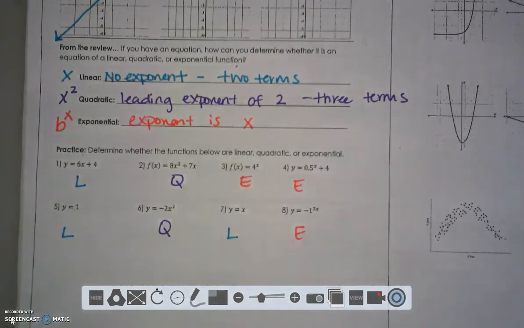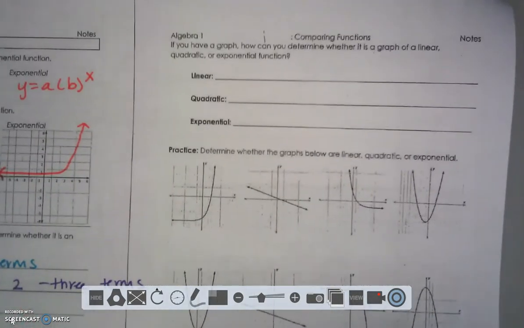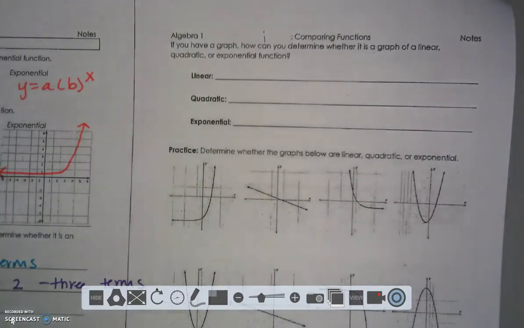Now let's talk about if we look at them on a graph. Okay. So if you have a graph, how can you determine whether it's a graph of a linear, quadratic, or exponential? Well, remember, a linear function has a straight line.